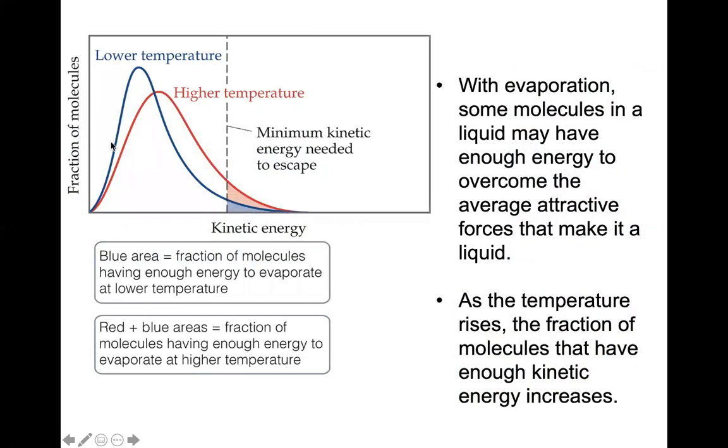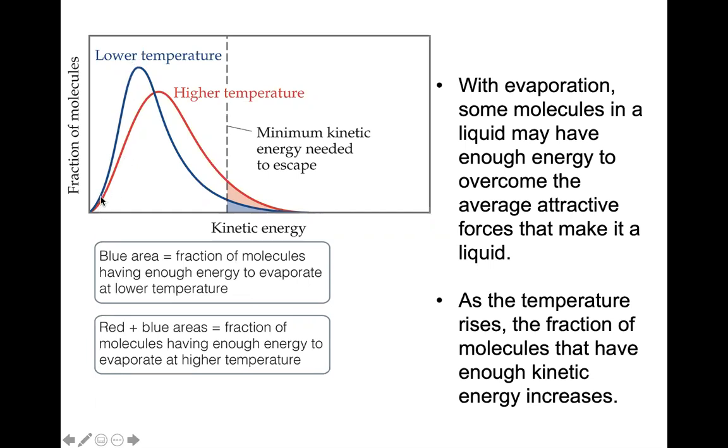What happens right here is we saw that when we had the particular speed for our gas molecules, they weren't all at the same value at the same time. There was a distribution of values. Let's say this blue profile was the distribution of the kinetic energy for the particles.